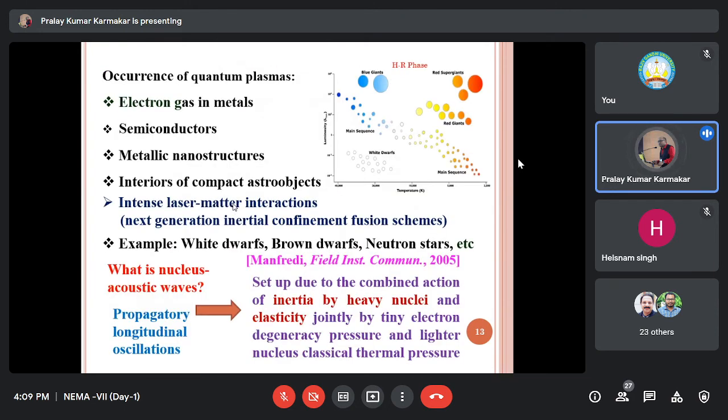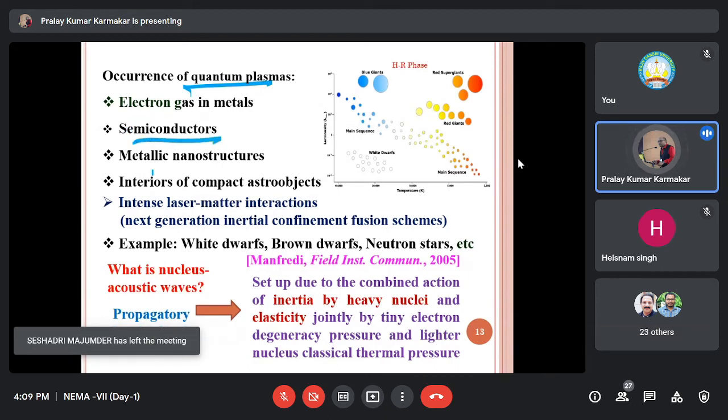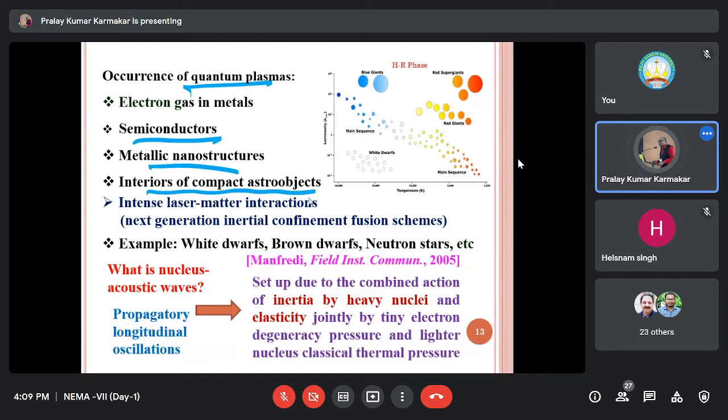Okay. So accordingly, natural occurrence of various quantum plasmas has a wide range of existence: electron gases, metals, semiconductors, metallic nanostructures, interiors of compact astro objects, which I'm going to deal with, and again intense laser-matter interactions. And this is the famous Hertzsprung-Russell phase diagram.